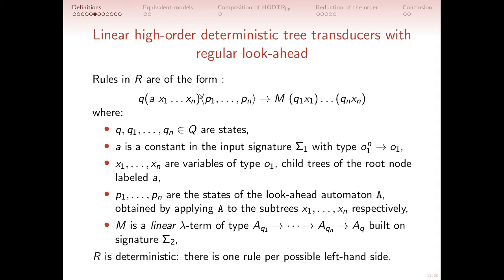You have one for each of the child trees. And the output of each rule is a term that is linear in the case we have a linear transducer, and almost linear in the case we have an almost linear transducer. We'll show how this works on an example.